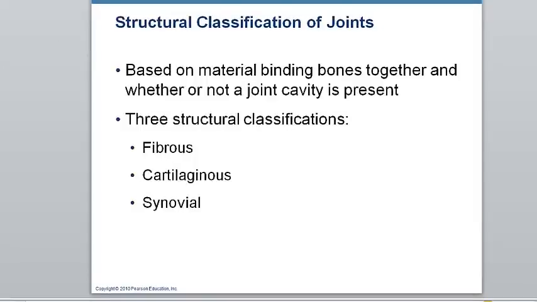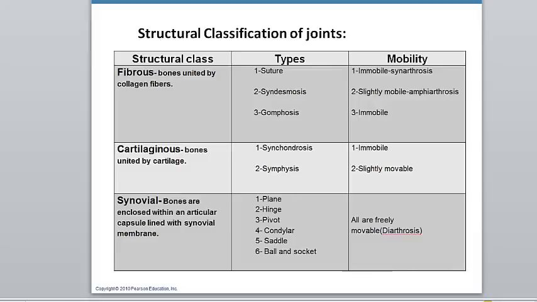The next type of classification of your joints is based on what kind of structure holds these bones together, what kind of tissue is used to hold these bones together. There are three classifications once again. The first one is fibrous, the second one is cartilaginous, and the last one is synovial.